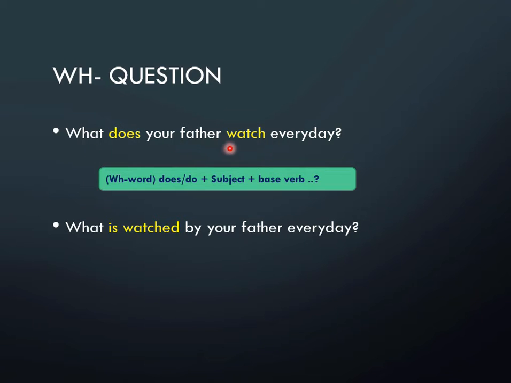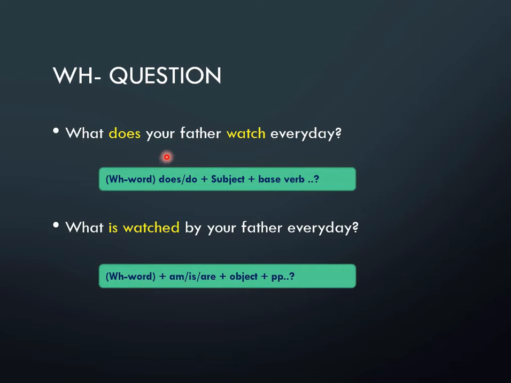So, what does your father watch every day? What is watched by your father every day? In the same way that we followed in the previous example with the yes-no question, we followed the same rule. The only difference between this question and the previous one is that we put the question word at the beginning.